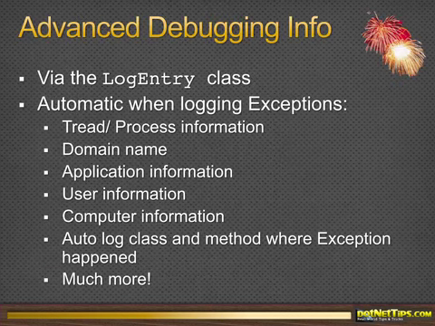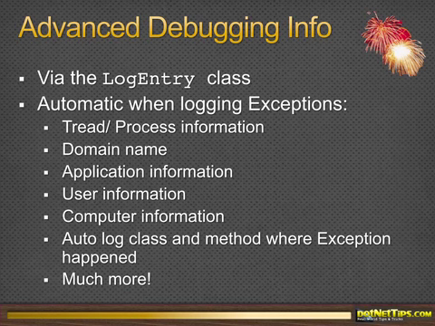Before we get to the actual trace listeners, these are some of the things I've done to enhance the trace listener object itself. And most of this, of course, comes into play when you're debugging. So for me, the more info I can gain out of the box and the program, my job's going to be a lot easier debugging. You guys agree? Yeah. So I log thread and process information, like the thread ID, process names, things like that. I'll show you that when we get to the demo.